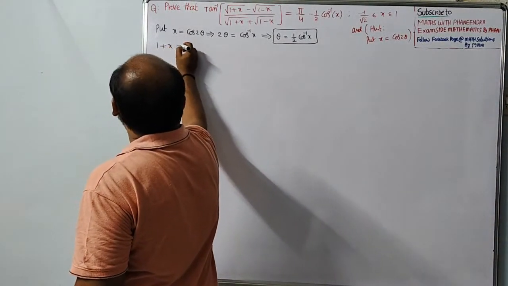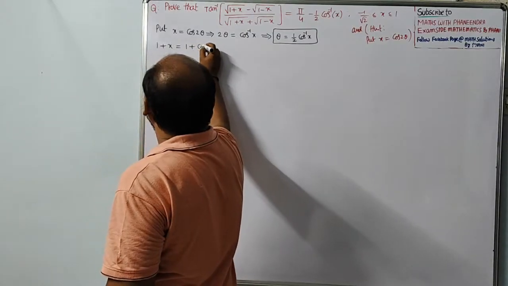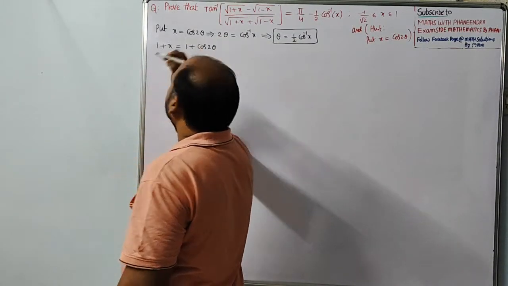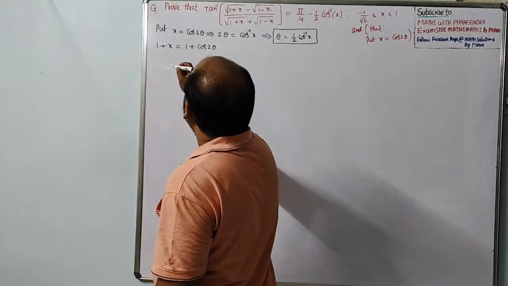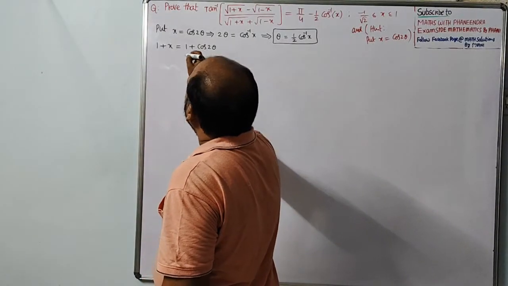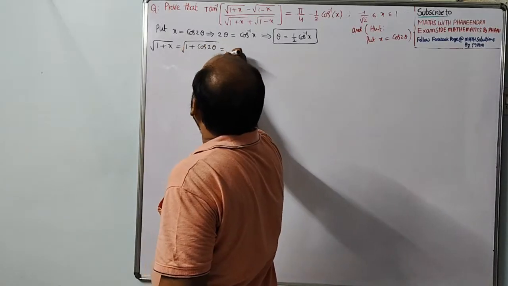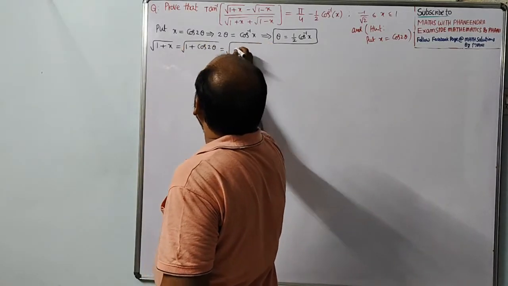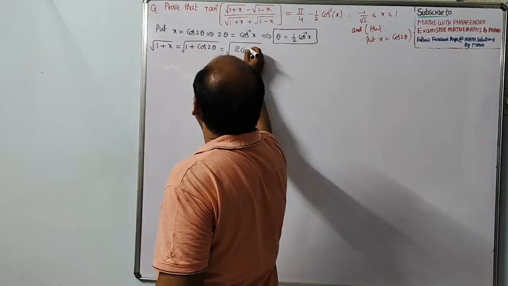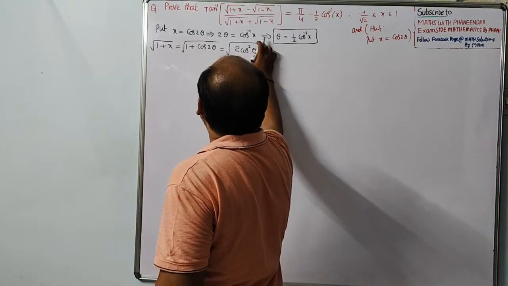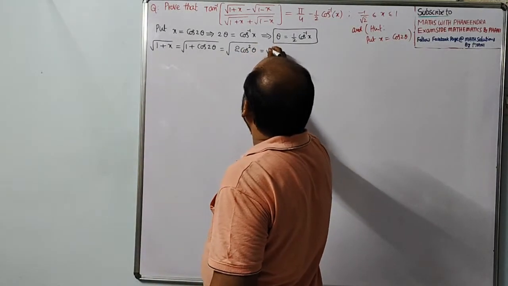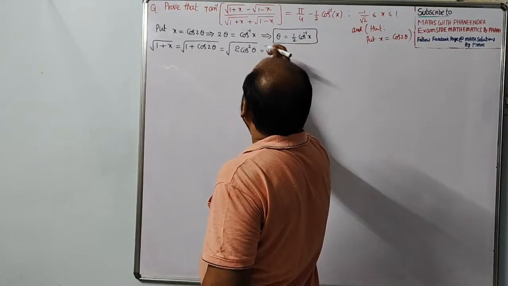1 plus x is equal to 1 plus cos 2 theta. Next, root over 1 plus cos 2 theta is root over 2 cos square theta, which is equal to root 2 into cos theta.